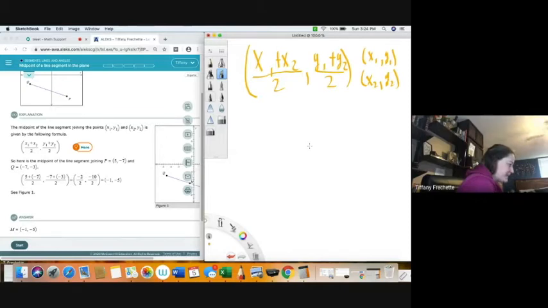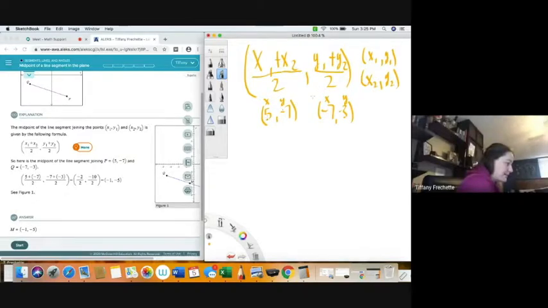So we're going to come over here, and we're going to write them out. So our first coordinate is P, which is 5, -7, and -7, -3 for Q. So remember, it's xy, xy. Every time, that's how it's laid out. So now we just add the x's, and then we're going to divide by 2, and then we're going to add the y's.